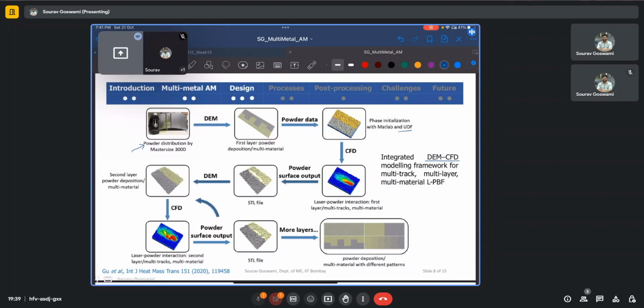That final free surface is again output as an STL file, which goes as an input to the discrete element model, and on top of which the second layer of the powders is deposited. Again, we perform the computational fluid dynamics calculations to find the distribution of the flow field and the thermal field. The powder surface output is given again, and this continues iteratively until we have built the whole part.